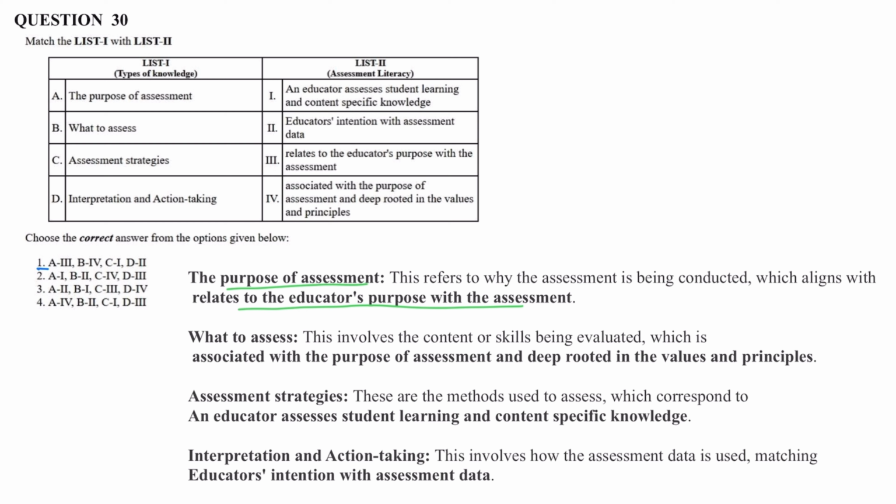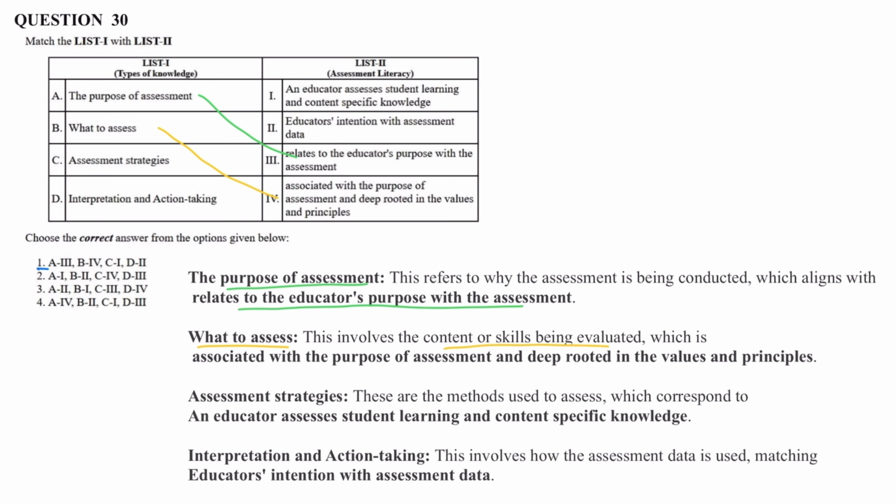So for A it is 3. Second is what to assess. This involves the content or skills being evaluated, which is associated with the purpose of assessment and deep rooted in values and principles. So B matches to 4.